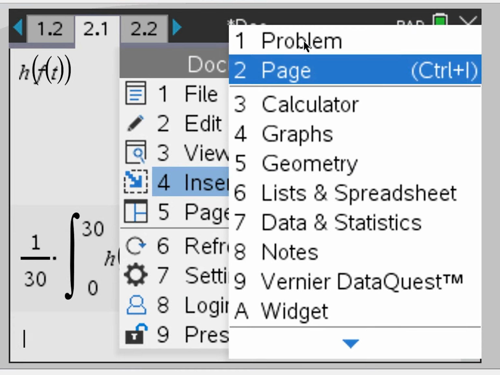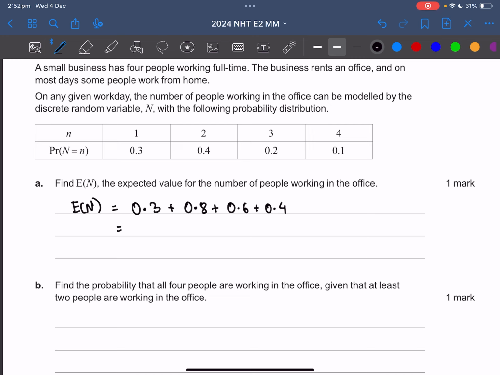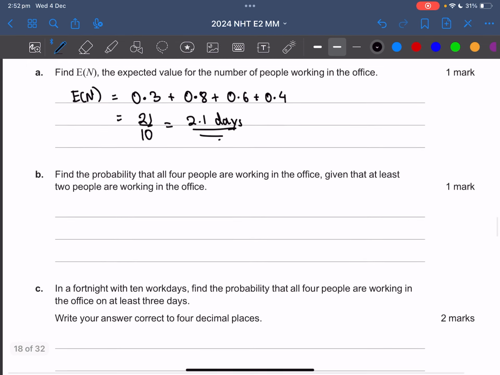It's better to keep things separate. So yeah, 0.3 plus 0.8 plus 0.6 plus 0.4. Okay, so that is 21 on 10 days. Or we can say 2.1 days.